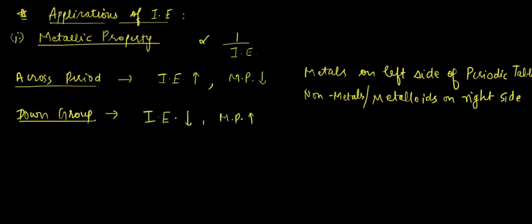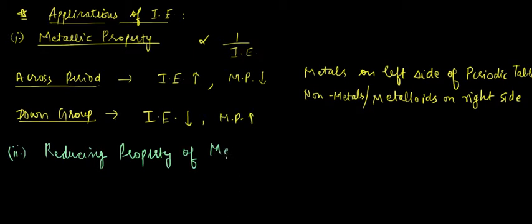Okay, the second property which we are going to discuss in the application of ionization energy is reducing property of metals. Reducing property of metals is defined as the tendency to lose valence electrons in aqueous solution, which can be correlated with ionization energy of the element.